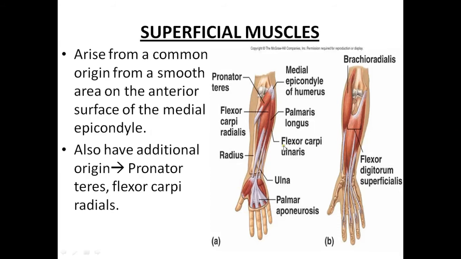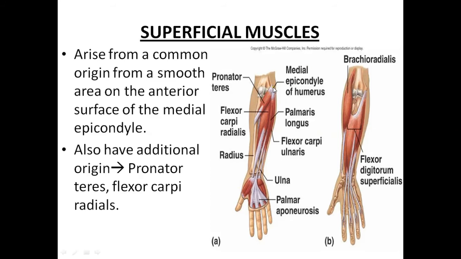Now the description of the superficial muscles. All the superficial muscles arise from a common region that is called the common flexor origin, and that region is the anterior surface of the medial epicondyle of the humerus.